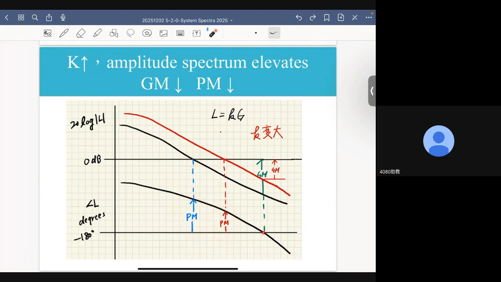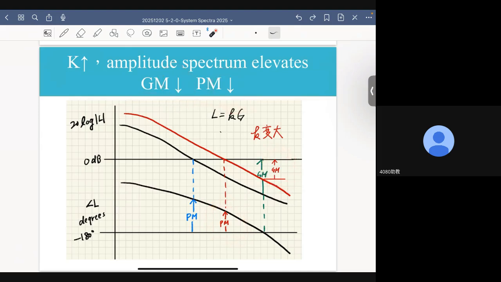Similarly, although the phase crossover frequency has not been changed, at the phase crossover frequency, due to the elevation of the magnitude plot, as you can see, the gain margin also is smaller than what it was before the increase of the value of K. So if I increase K, the magnitude spectrum elevates, and gain margin and phase margin, as demonstrated in this figure, all become smaller.